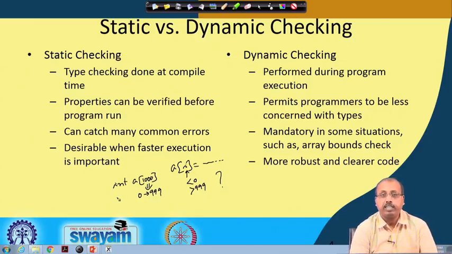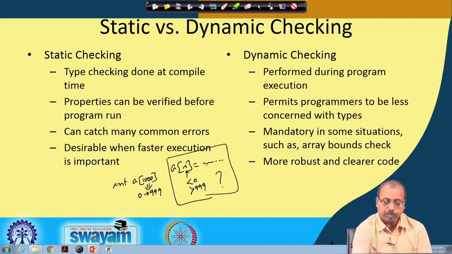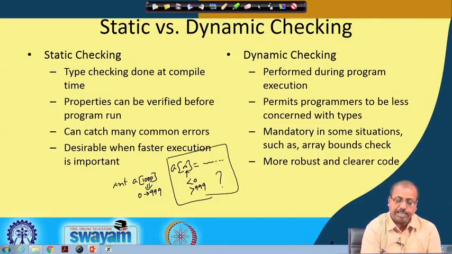Dynamically we can do that, because when the program is executing, at this point I know the value of I. If I know the bounds of the array A, that its minimum index is 0 and maximum is 999, I can have a check like this.